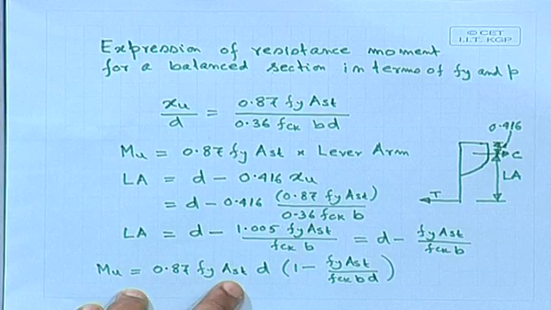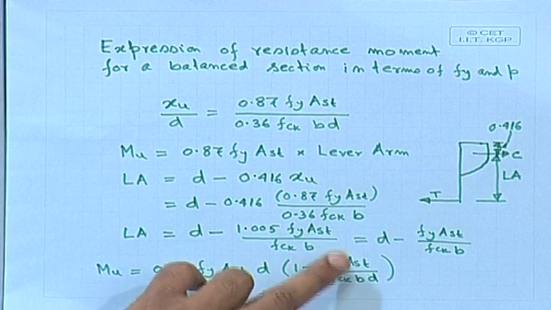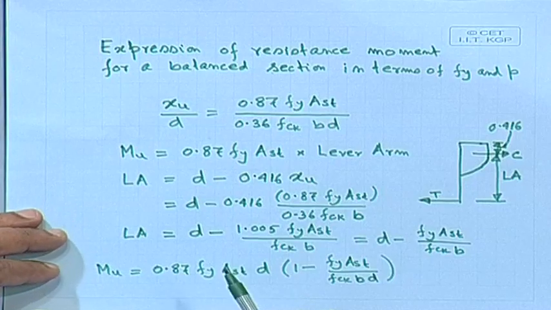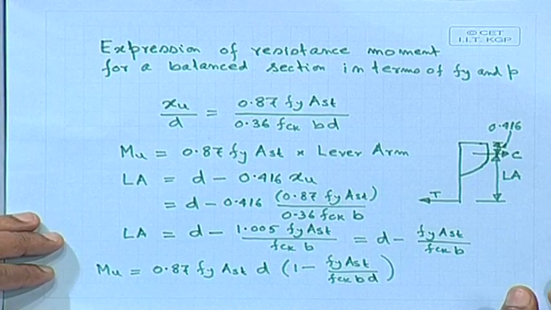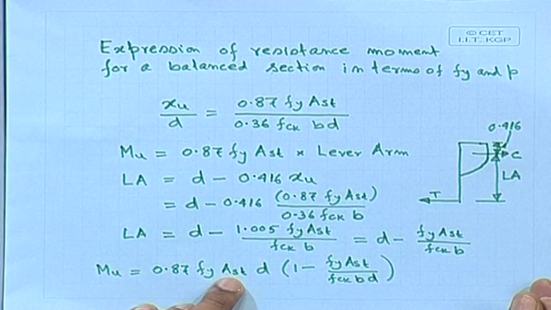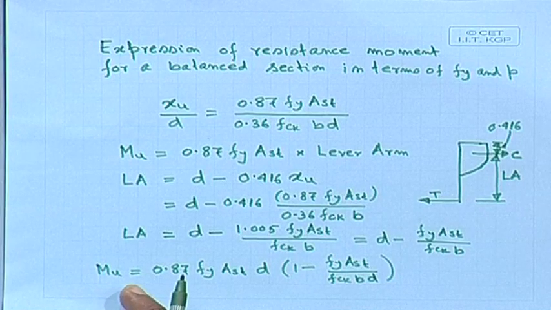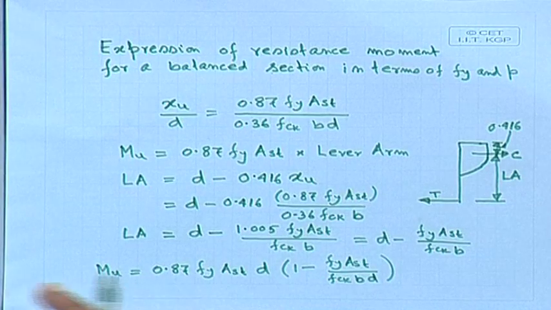Mu, that is the moment of resistance of a section having area of steel AST, we can get from this formula.